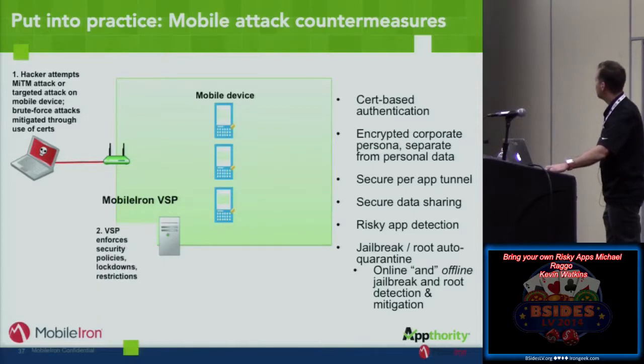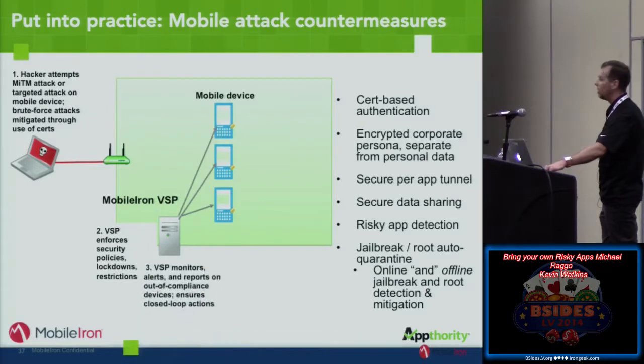Then some enforcement policies and lockdowns and restrictions, maybe not for the entire device, but at least for the enterprise data in the separated portion of the device. And in the event that the device does become compromised, falls out of compliance, or is infected with malware, ensure that we've got some method of detection and closed-loop compliance actions.